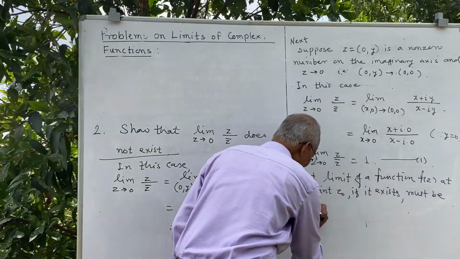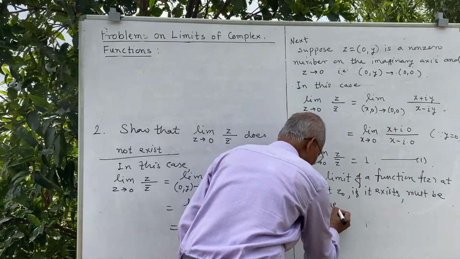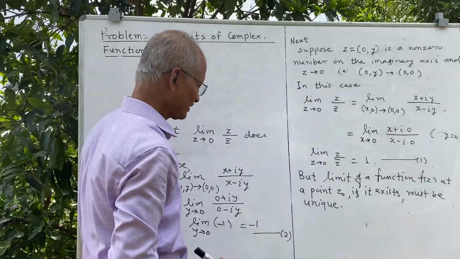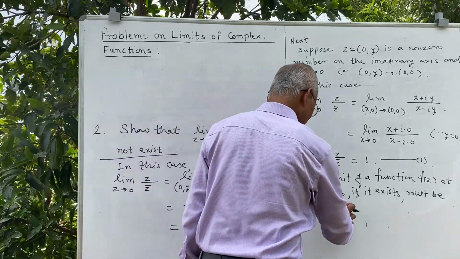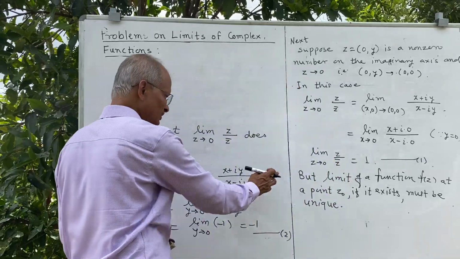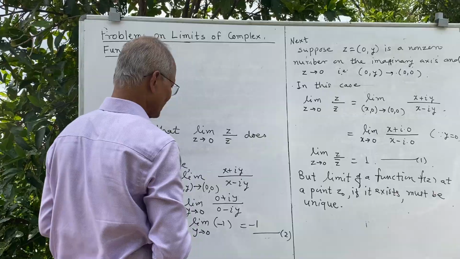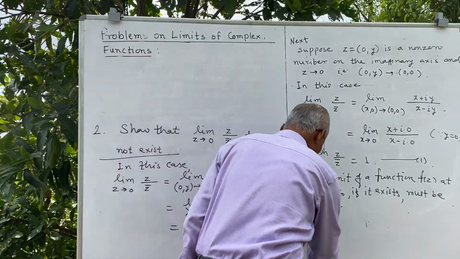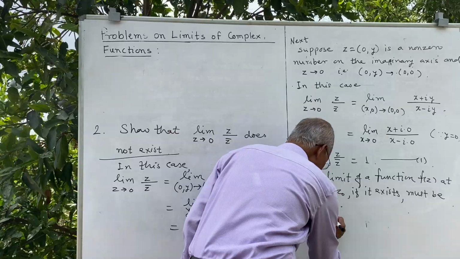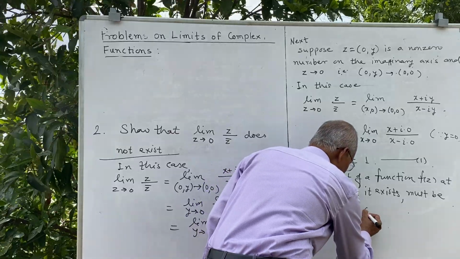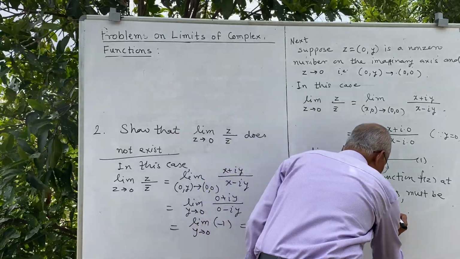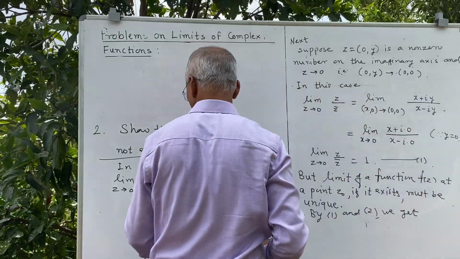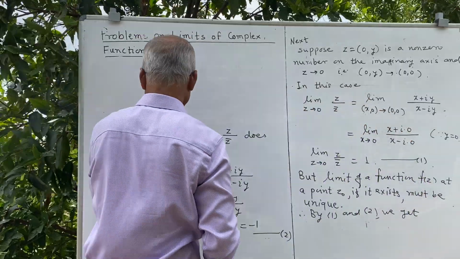This theorem we have proved in our earlier lecture. You may please watch that lecture. And here the two limits are different. From 1 and 2, we conclude that the limit does not exist. Therefore, by 1 and 2, we get that the limit of z upon z bar does not exist.